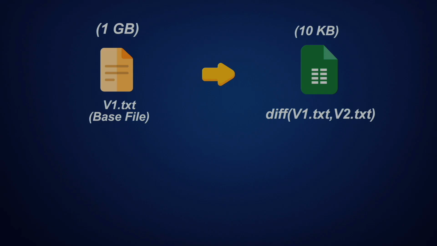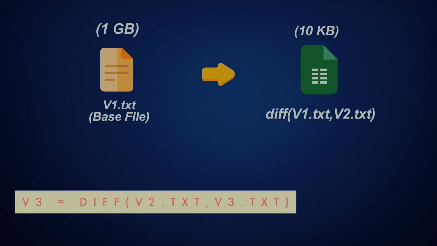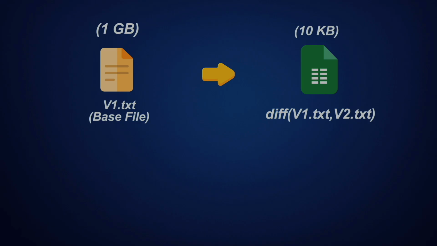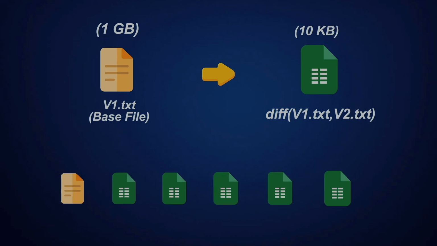Now let's say you create another version, v3.txt, and tell your version control system to save it. Now your version control system is a little bit smarter. It will just save the difference between v2.txt and v3.txt as v3 behind the scenes. Similarly it is just saving the delta, and we call them v4, v5, v6, right?